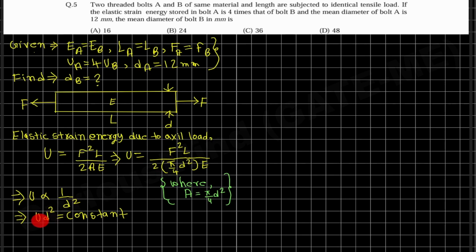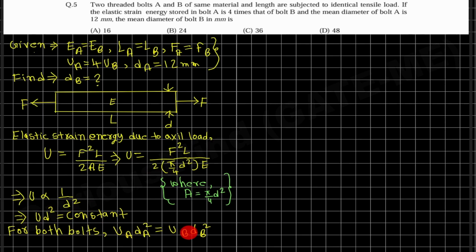Now we can write this for both the bolts because U times d square is equal to constant. So we can say that this quantity U times d square would be same for both the bolts because it's a constant.